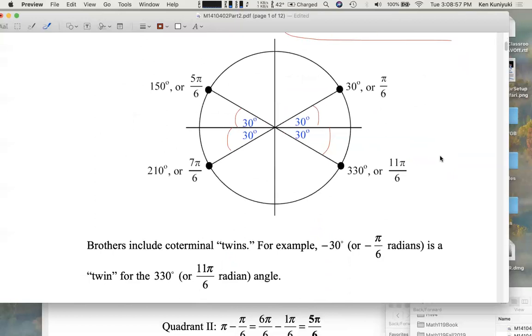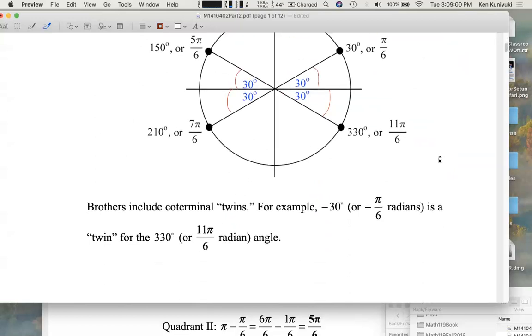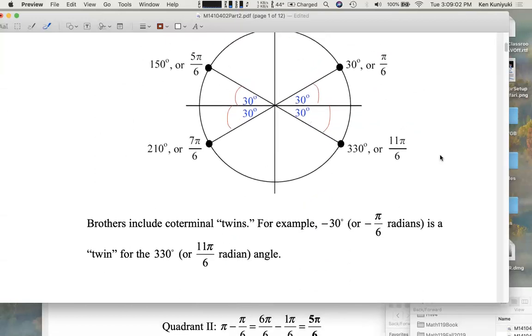Okay. Now, how do we determine these various brothers? By the way, brothers include coterminal twins. For example, you might notice that the point here for 330 degrees is the same point as for -30 degrees. The reason is that these two angles are coterminal, and they share the same intersection point here.